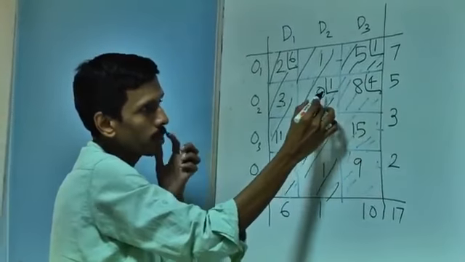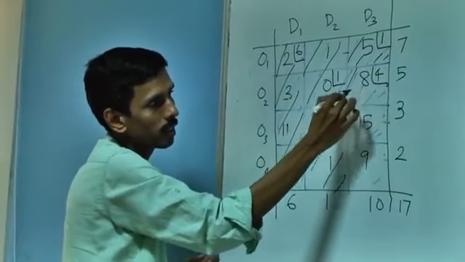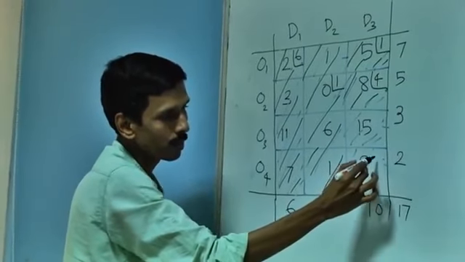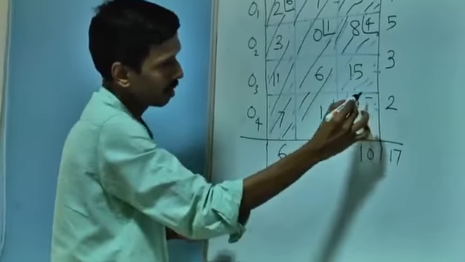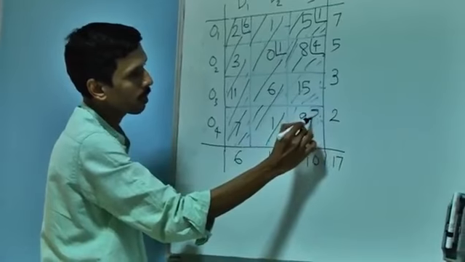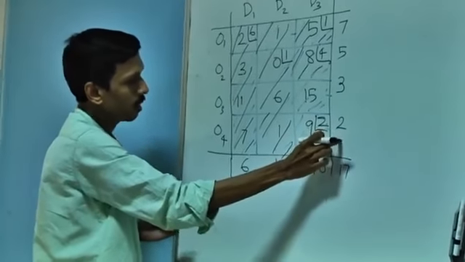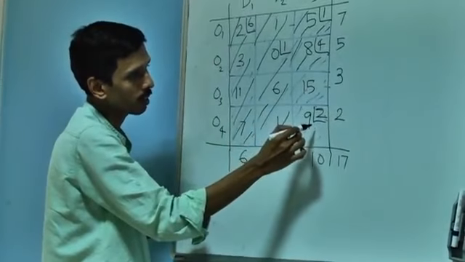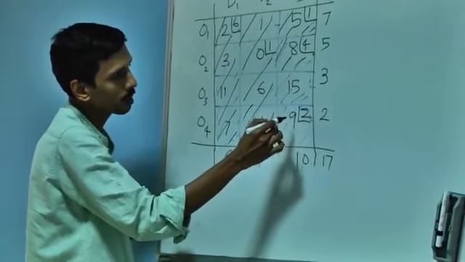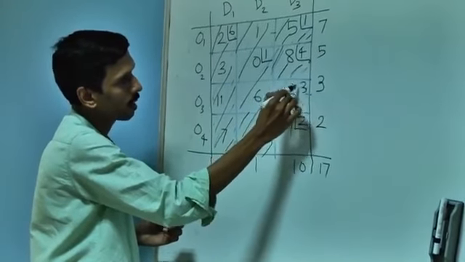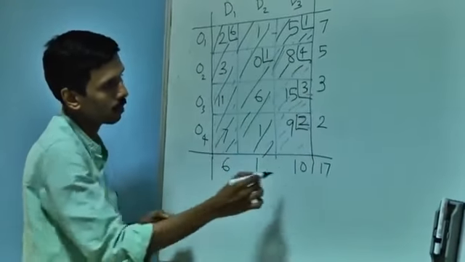Why? Because 1 is already allocated. Then the remaining 9. How much? 5 is not possible because only 2 is possible. Why? At origin 4 we have only 2 units. Therefore, 2 is allocated here. Then how much? Then 3.